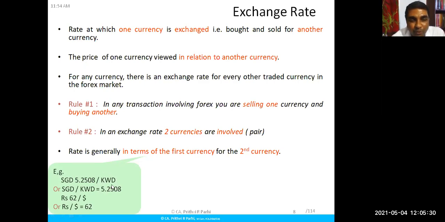That means for one Kuwait dinar, you have to pay 5.2508 Singapore dollar. So rates are in terms of the first currency, but rates are for the second currency. If you get a quote like this in the international market, you have to understand that for one Kuwait dinar, you have to pay 5.2508 Singapore dollar.